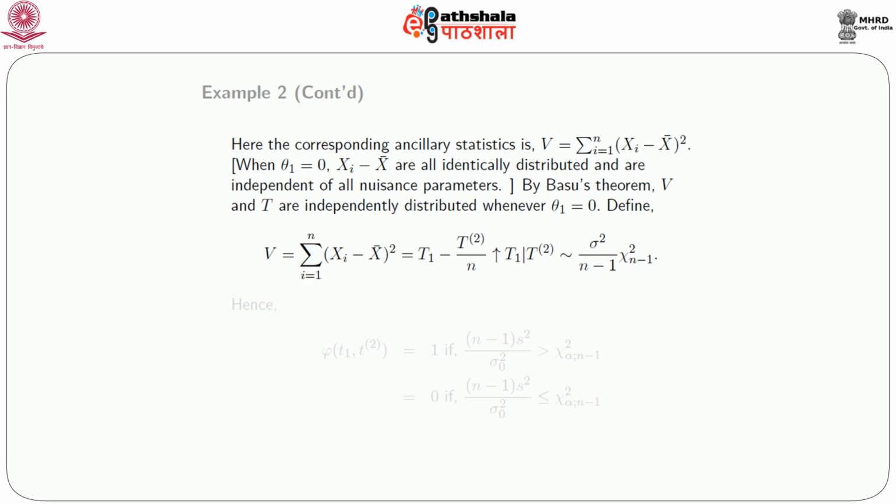It is increasing in t1 for given t2, and follows sigma square chi square with n minus 1 degrees of freedom. Hence, phi(t1, t2) is of the form 1 if (n minus 1) s square by sigma naught square is greater than chi square alpha, n minus 1, and equal to 0 if (n minus 1) s square by sigma naught square is less than or equal to chi square alpha, n minus 1.